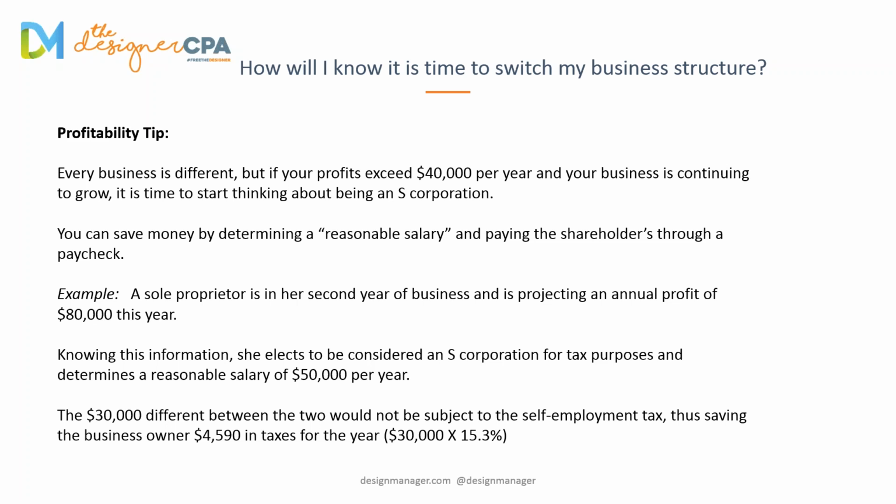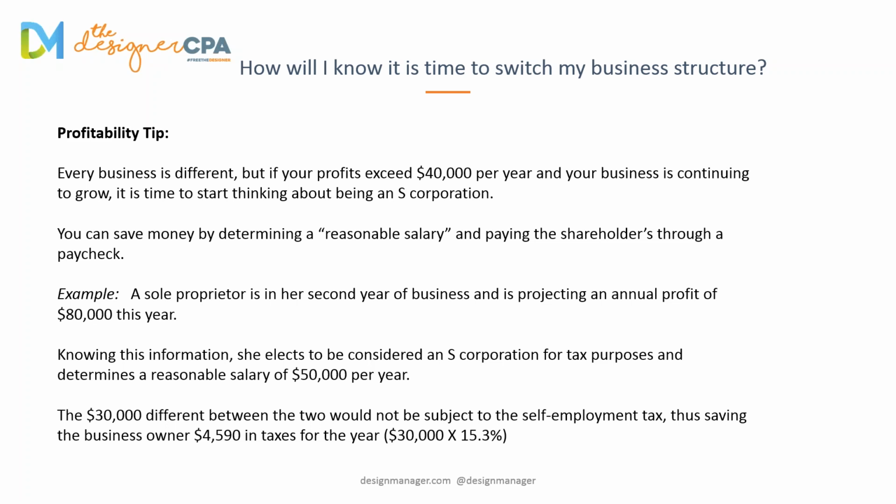But basically, your profit is you've got all of your gross receipts, all of your gross sales that came in, minus all of the expenses that you paid throughout the year, and that's your profit. Now, don't count the money that you paid yourself, but all the other business expenses.